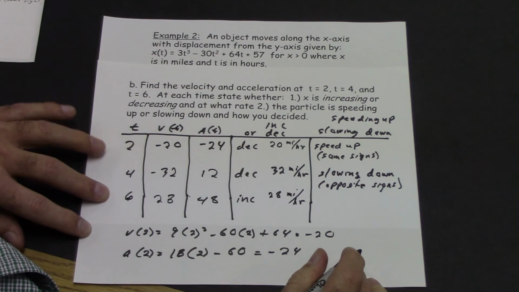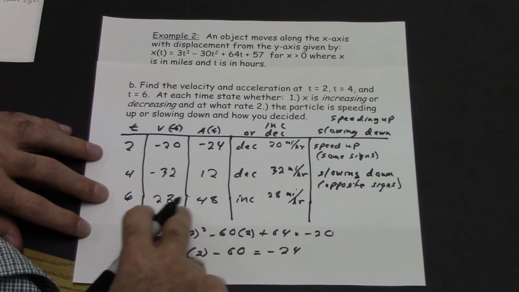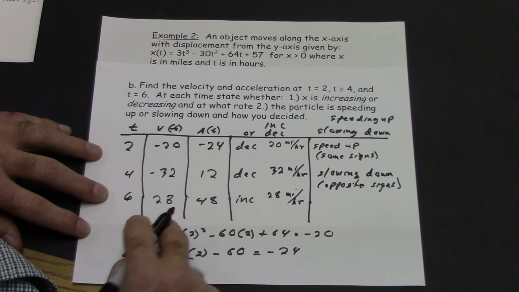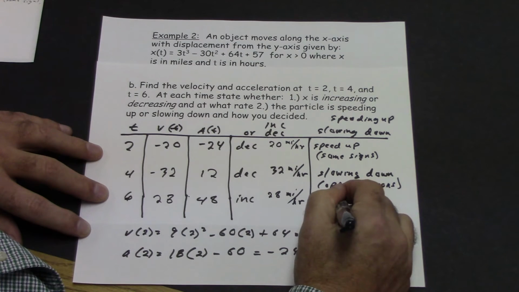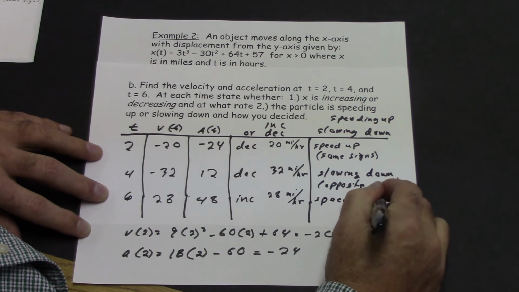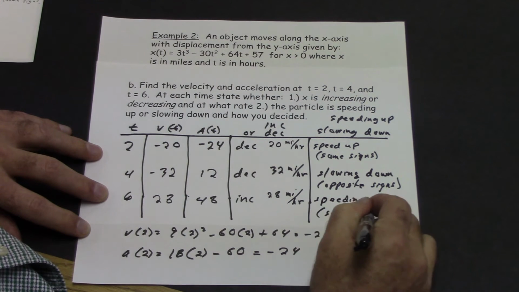Now to determine whether it's speeding up or slowing down, you notice that the velocity and acceleration are both positive, right? So this time it's going to be speeding up, and they've got the same signs.